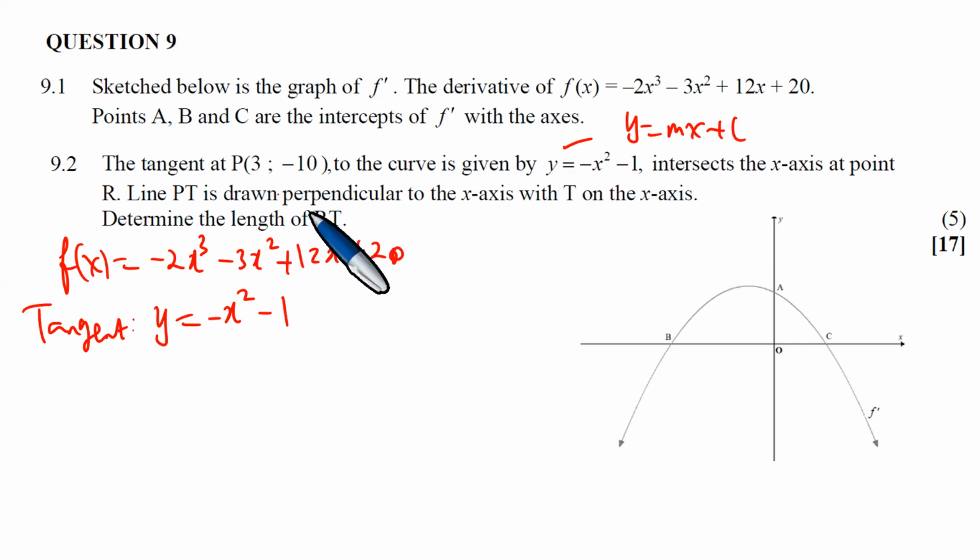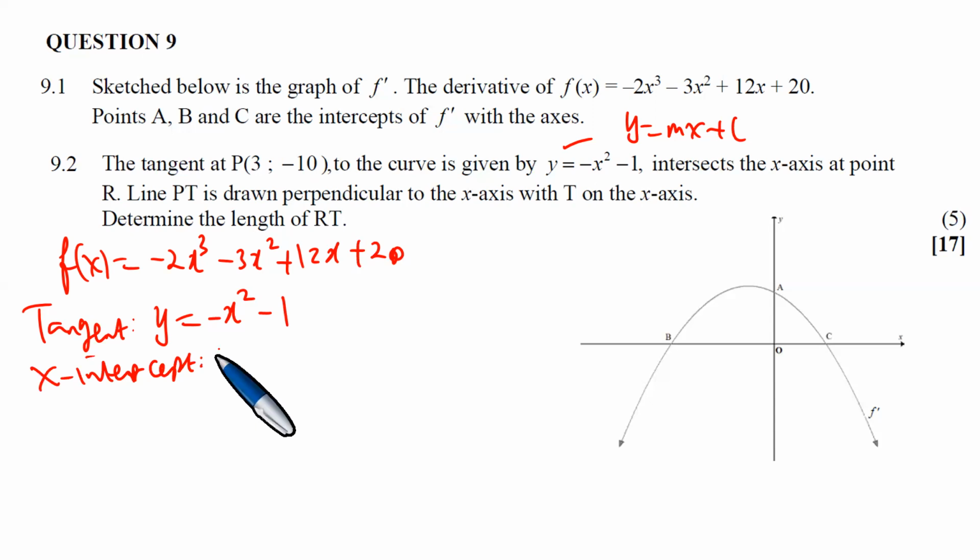Indeed this point satisfies this tangent, because the tangent at this point to the curve is given by this. Now it intersects the x-axis at point R. So if you look at the x-intercept, there is an x-intercept.